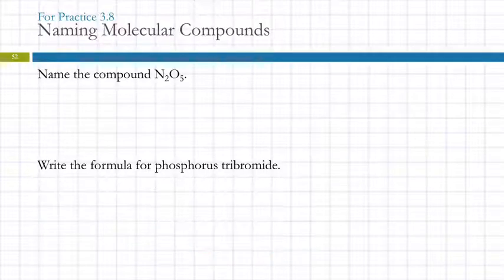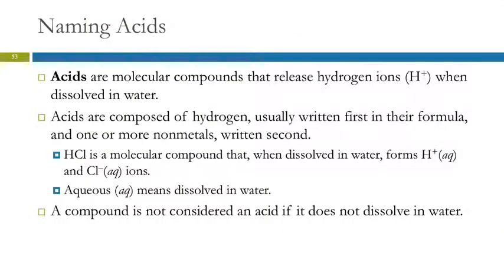Molecular compounds. The other category, we've talked about ionic and molecular compounds. The other category are acids. A very simple definition of acids is that acids are molecular compounds that release hydrogen ions when dissolved in water. So these are not ionic compounds, they are molecular compounds.